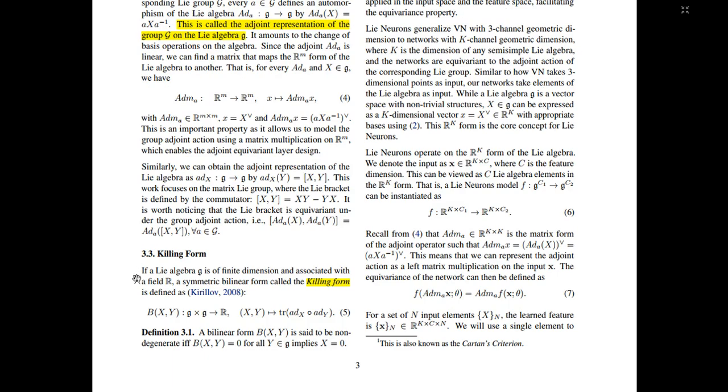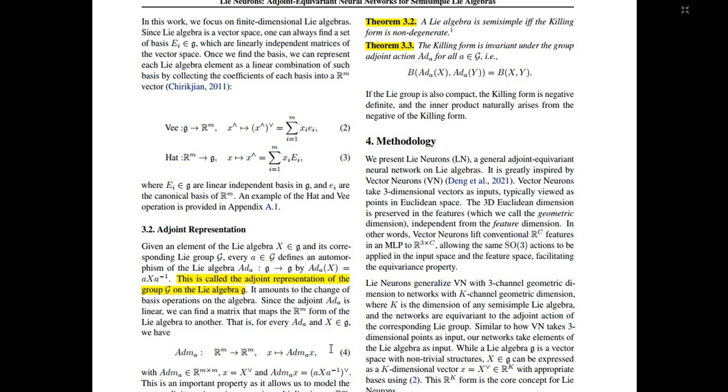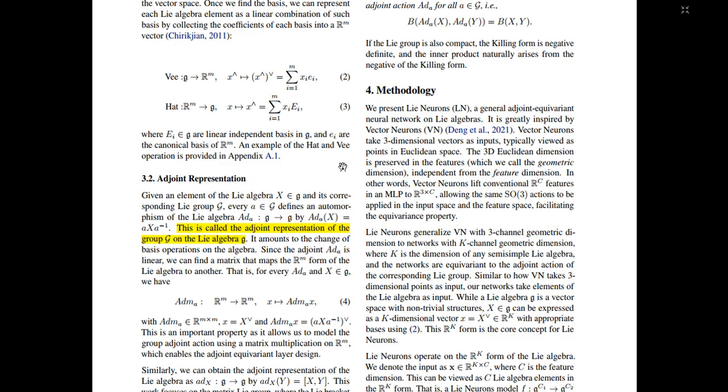And we have the concept of the Killing form also. These are standard concepts in Lie algebra, which is defined using a bilinear map. It takes two elements and outputs a scalar, and the Killing form is also invariant under the adjoint action.